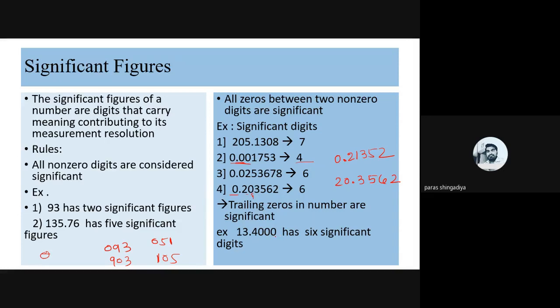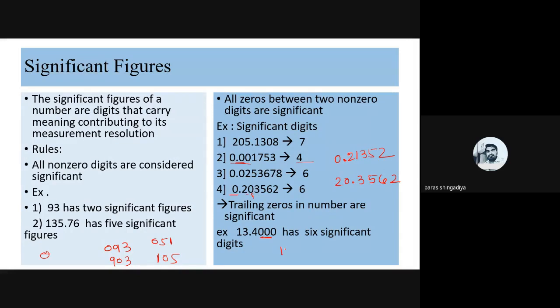How many significant digits here? These zeros come after the non-zero numbers, so these zeros are known as trailing zeros. There are 6 significant digits. Clear?